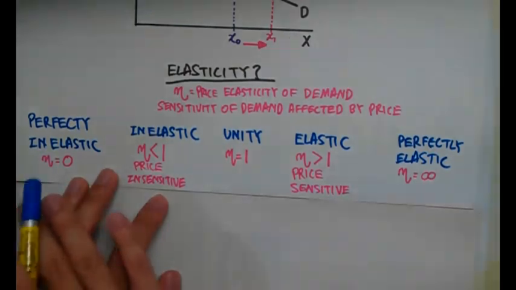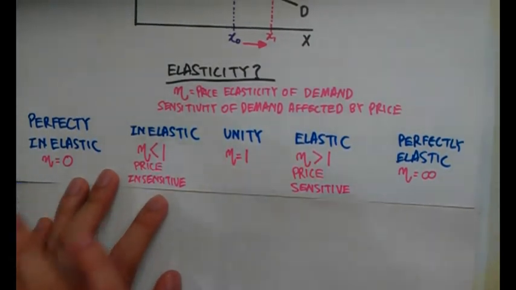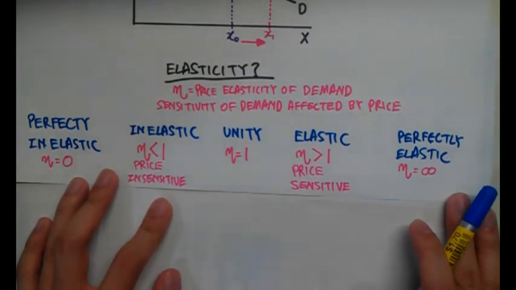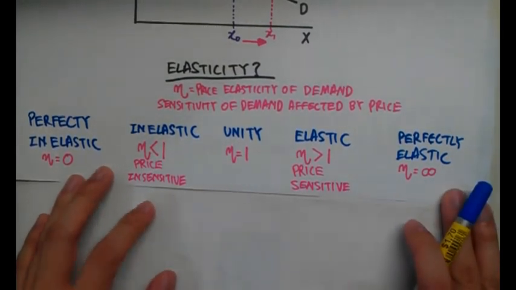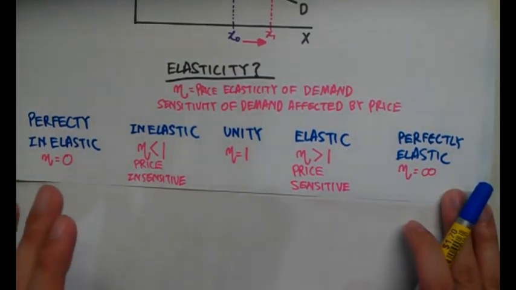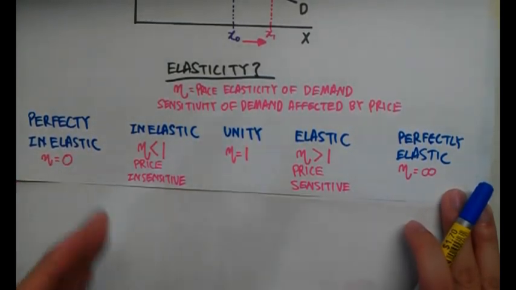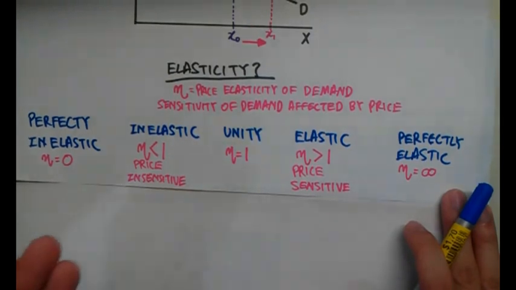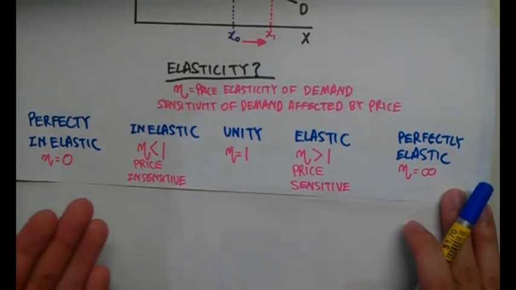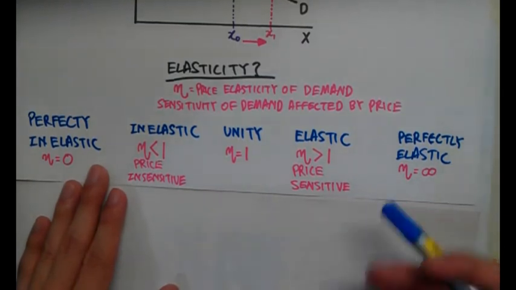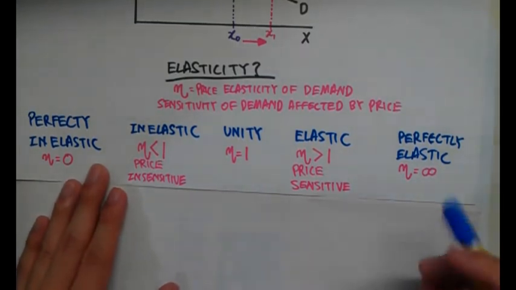On the left side over here we have perfectly inelastic demand. On the right hand side here we have perfectly elastic demand. When a consumer's demand is inelastic, it shows that his demand is not sensitive to price. He is price insensitive, and it is the opposite for an elastic demand, which is price sensitive.